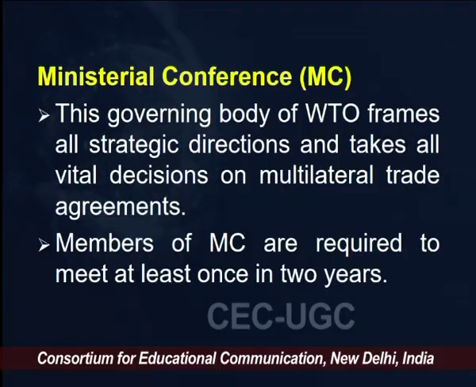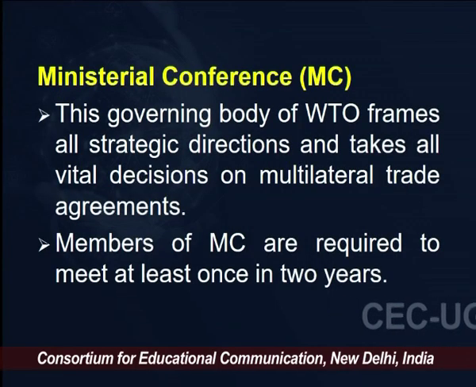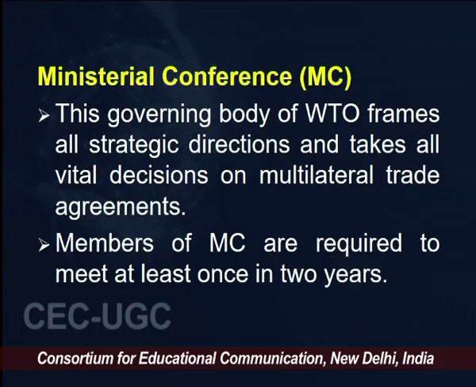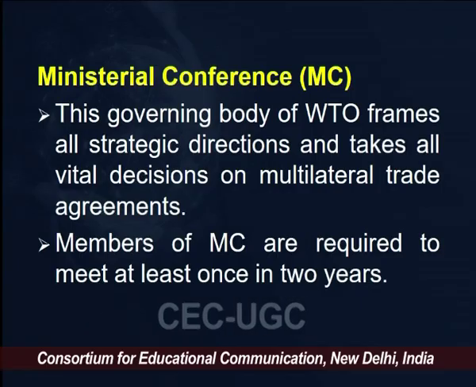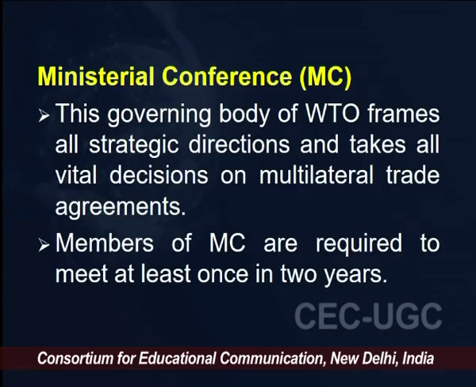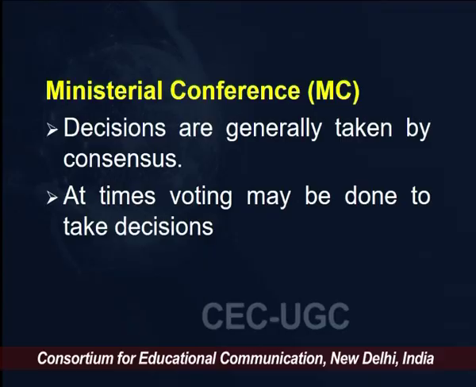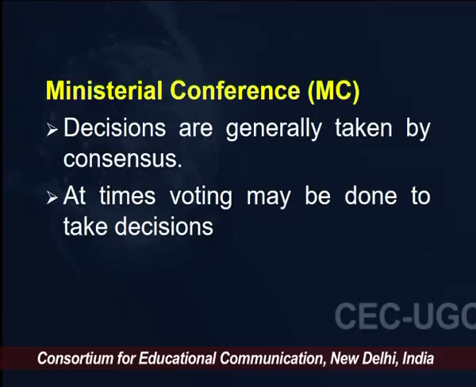This governing body of WTO frames all strategic directions and takes all vital decisions on multilateral trade agreements. Members of MC are required to meet at least once in 2 years. Decisions are generally taken by consensus. At times, voting may be done to take decisions.